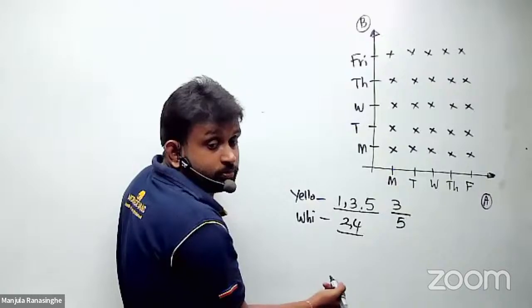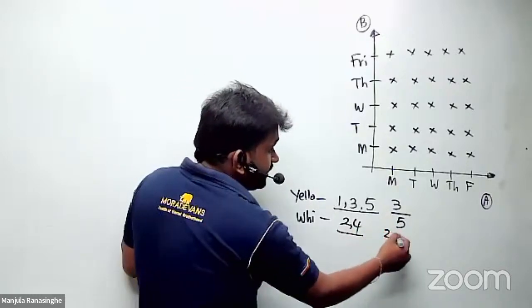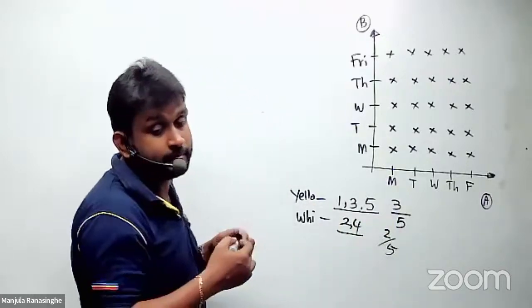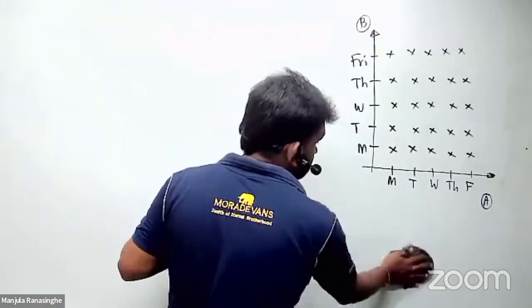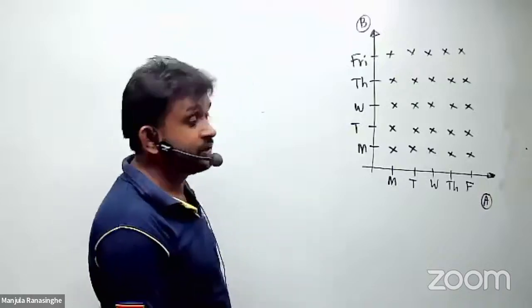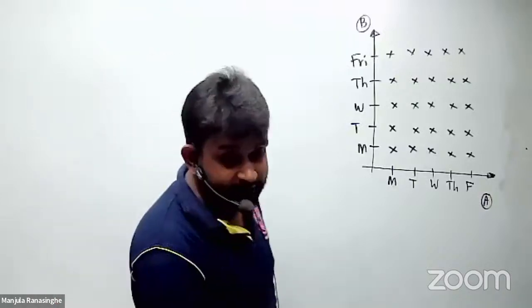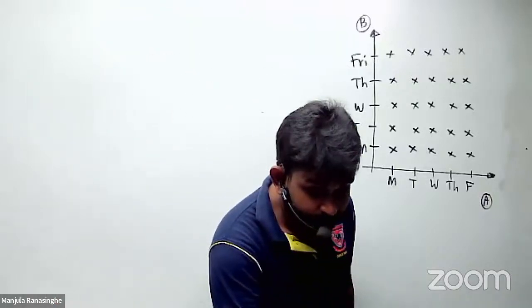That is how you got the probability. Yellow 3/5 and here 2/5. Okay, right. So that is the case. Now we are referring to the question.